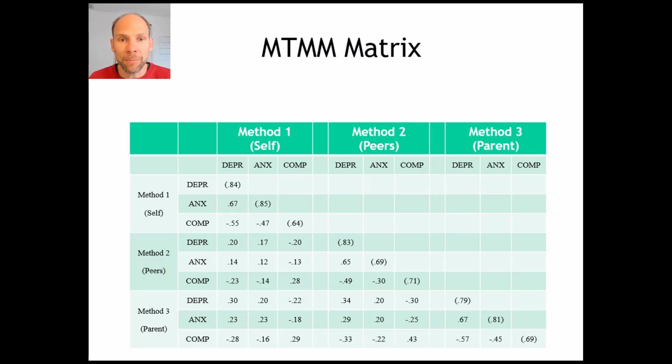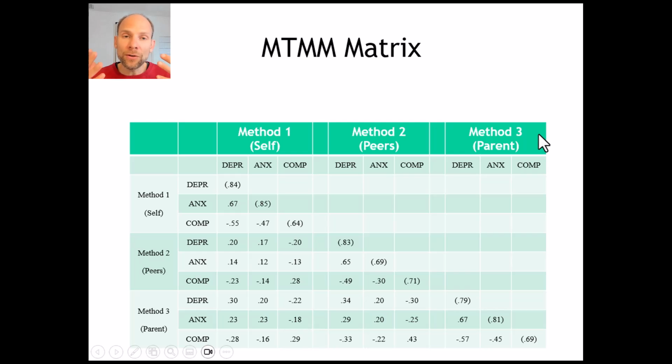Here's an example. You can see that here we have 3 different constructs. So multi-trait, multiple constructs or traits: depression, anxiety, and competence. And we also have multiple methods. Method 1 is self-report, method 2 is peer report in this case, and method 3 is parent report of these 3 constructs.